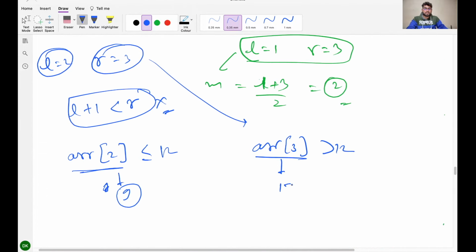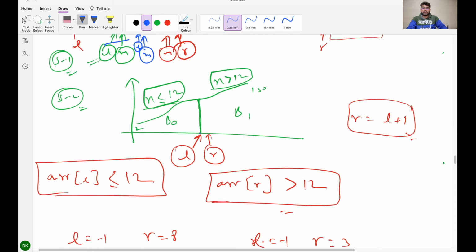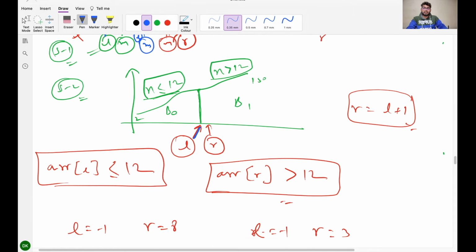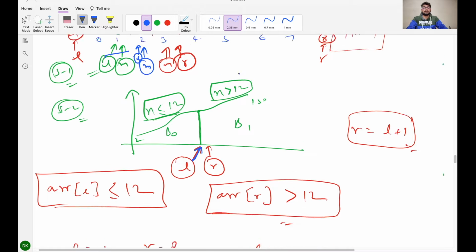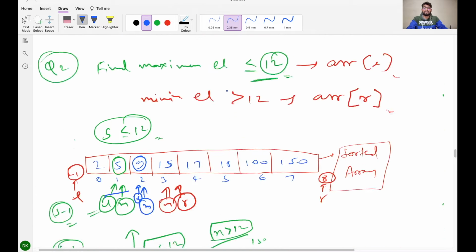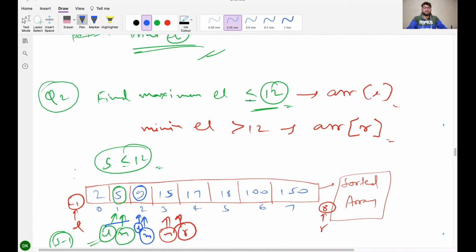So we can simply see that after setting a boundary, L is the last index where x is less than or equal to 12, and R is the first index where x is greater than 12. So I can easily find the maximum element less than or equal to 12 and the minimum element greater than or equal to 12.